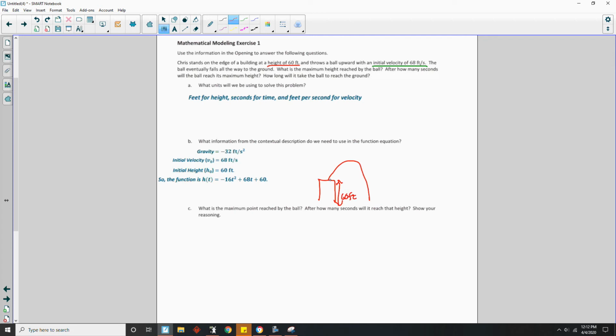He's throwing the ball from up here, 60 feet, with a velocity of 68 feet per second. The ball comes up, finally starts to lose momentum and stop, and then turns and starts to fall to the ground. So it goes all the way down and kerplunk on the ground, and we want to know how long it took. But first we want to know what the maximum point of the ball is, which is right here. Well, the maximum point is the vertex.